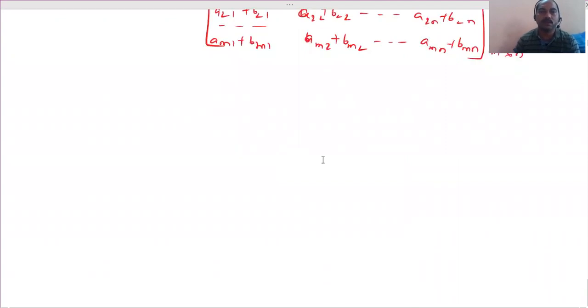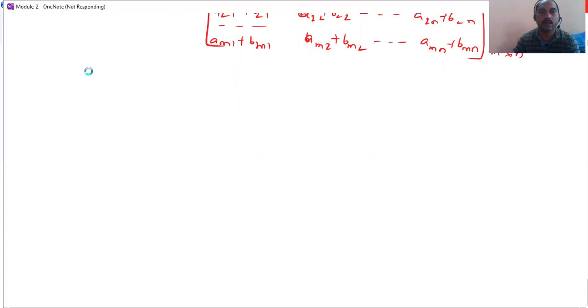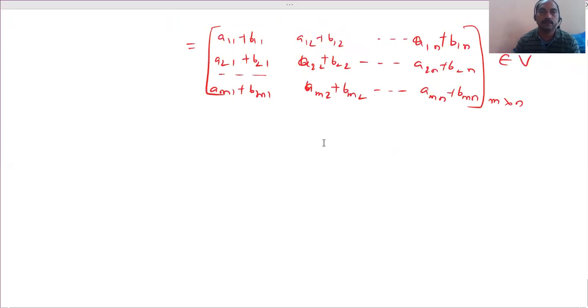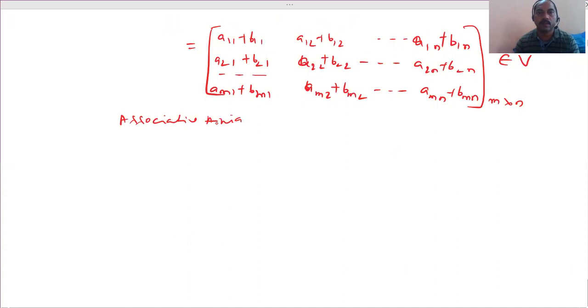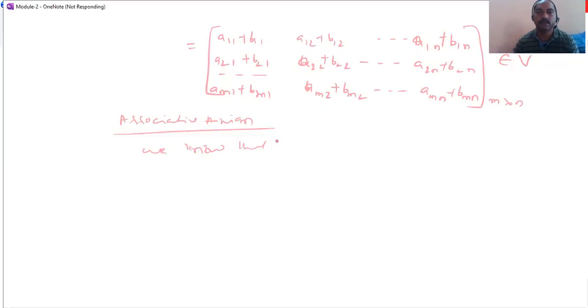Closure, associative. The next property is the associative axiom. We know that matrix addition satisfies the associative property.